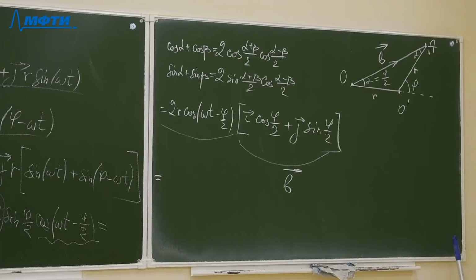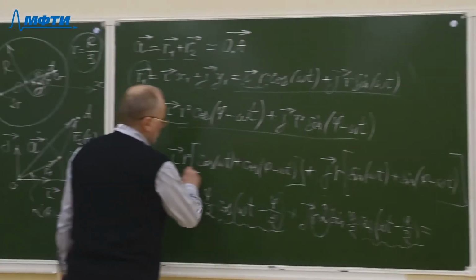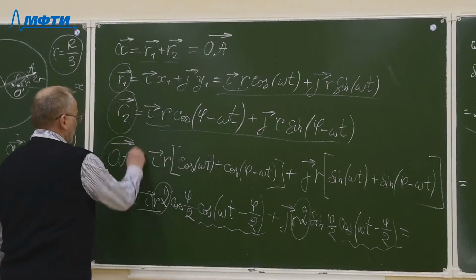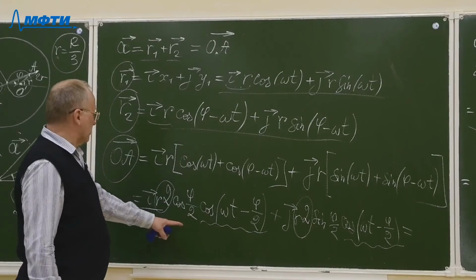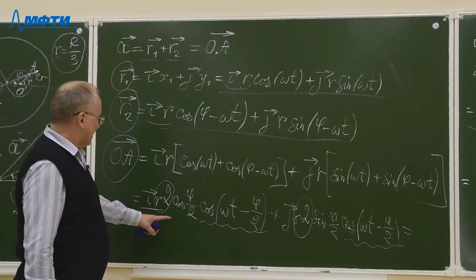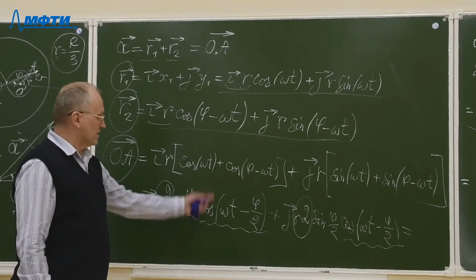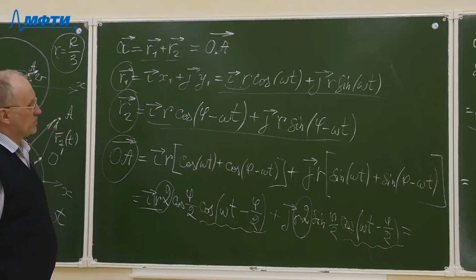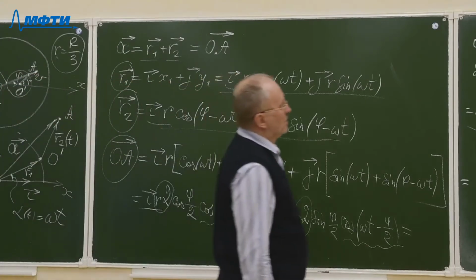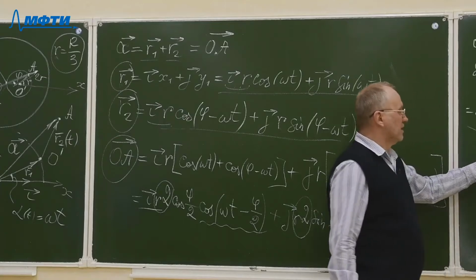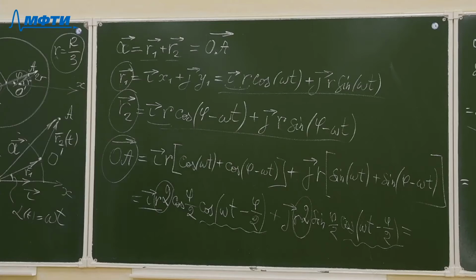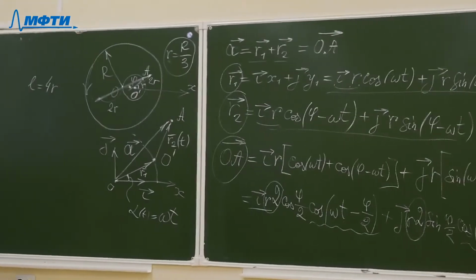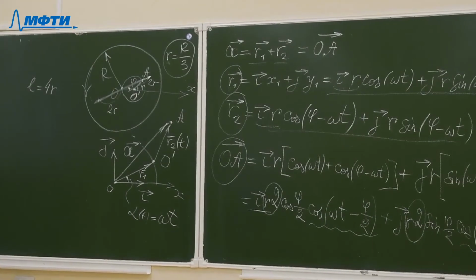Some students obtained this formula, but they were unable to take a further step, to simplify this expression in order to understand what is really the trajectory of point A. So you failed in mathematics, in trigonometry.